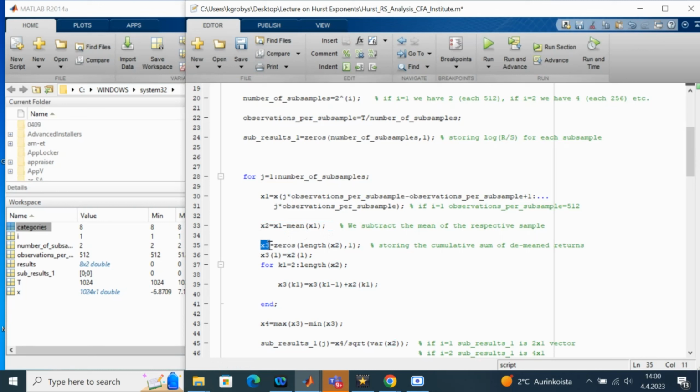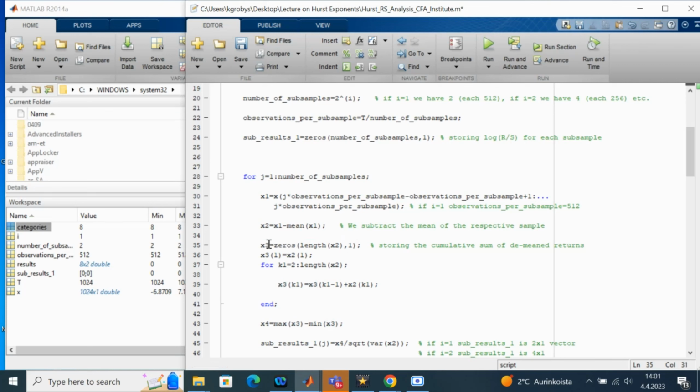Then we define a third vector x3. It should have zeros, and the length of that vector should be equal to that of x2. We know already that the length of x2 is 512, because each of these subclusters has 512 observations. It's a column vector, so the dimension of x3 is 512 by 1.